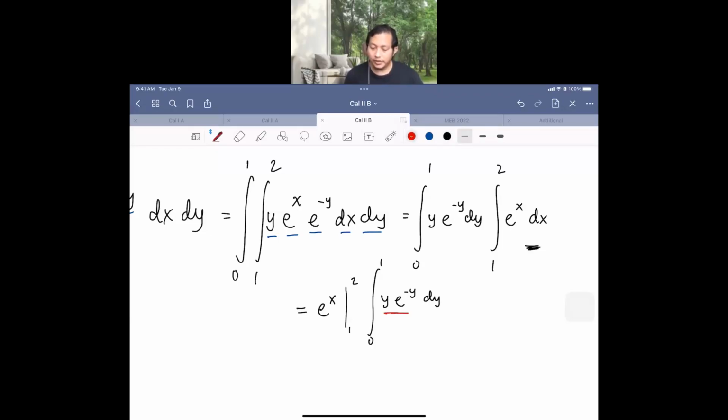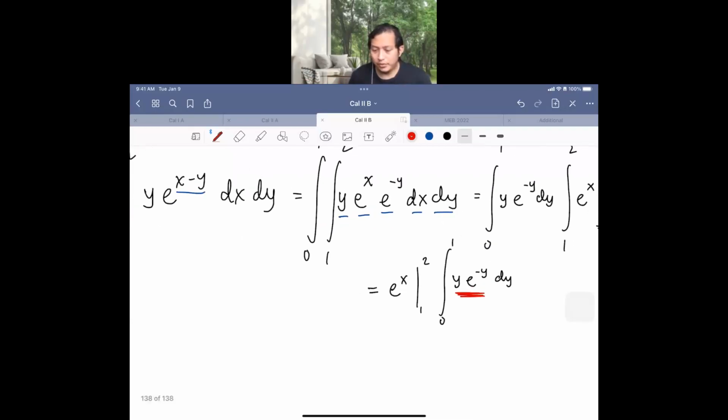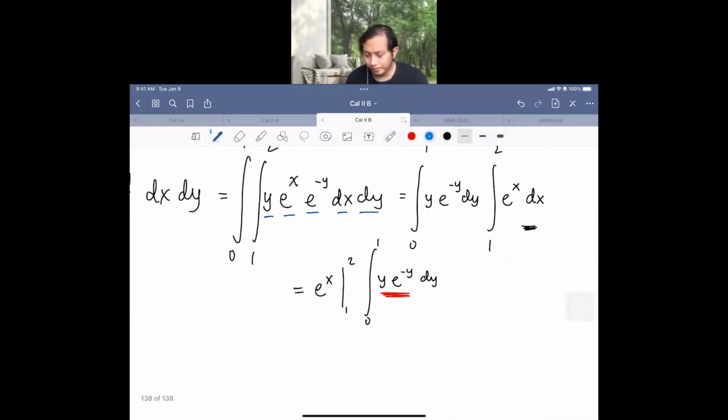So how to solve this y and e with power of y? I think substitution will not really work, or in some parts maybe it works in the later part, but I believe if you try directly to do integration by parts, you will get the answer directly.